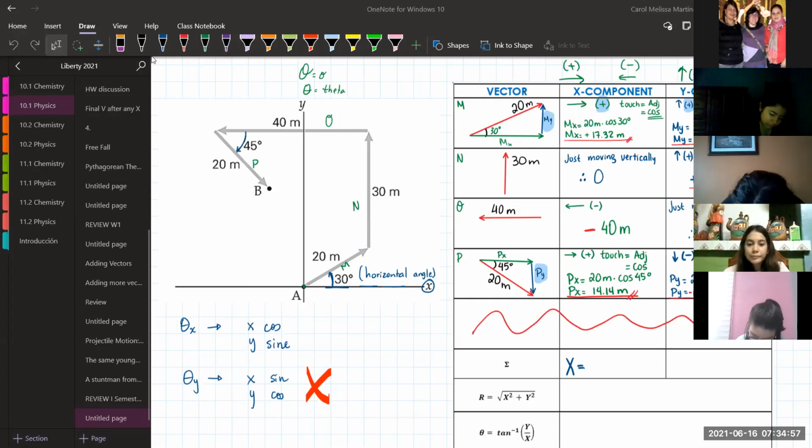So I'm going to add all these numbers: 17.32, 0, 40, and 14.14. Negative 8.54 meters.